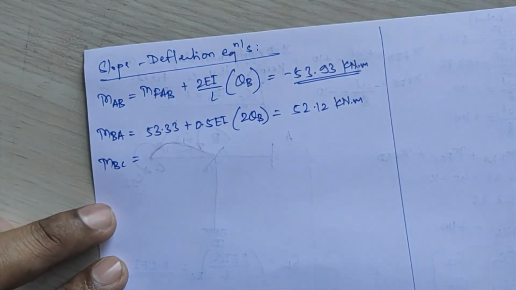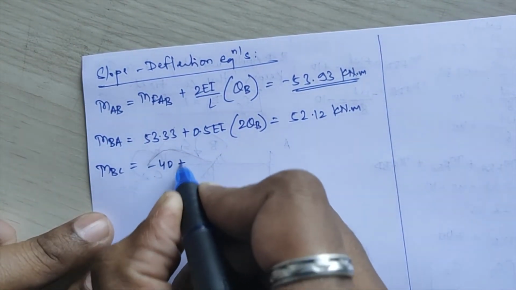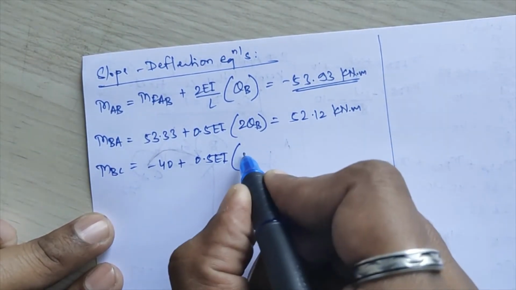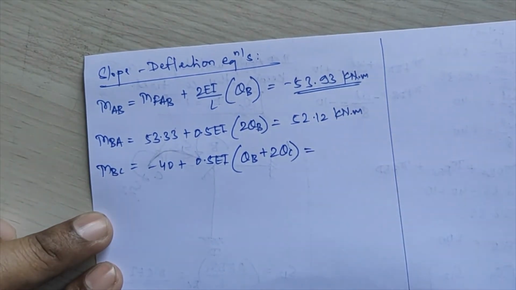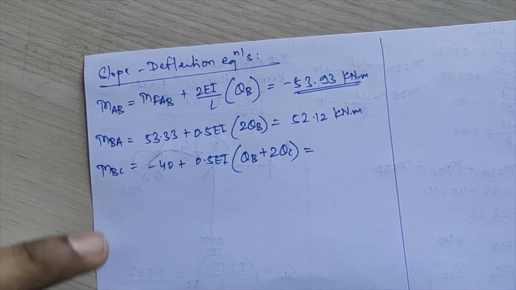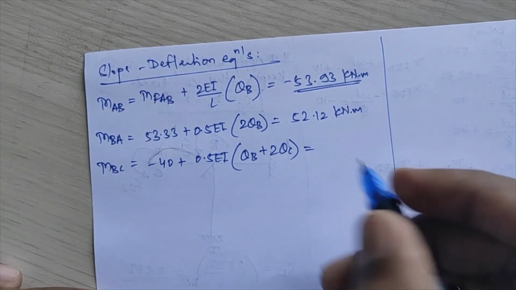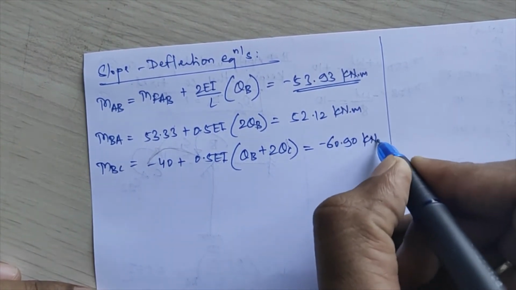So MFBC, that I am getting minus 40 plus 2EI upon L, that I will get again 0.5 of EI into bracket theta B plus 2 times of theta C over there. Okay, so if you substitute values of theta B and theta C again, I have got MBC is equal to minus 60.90 kilonewton meter.